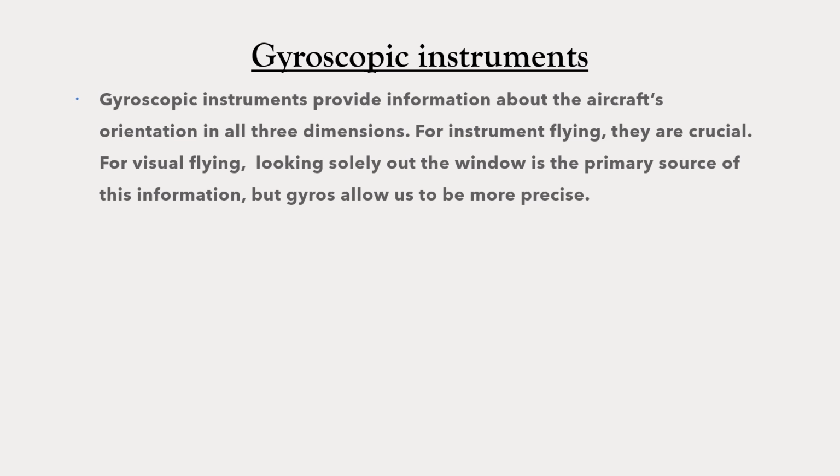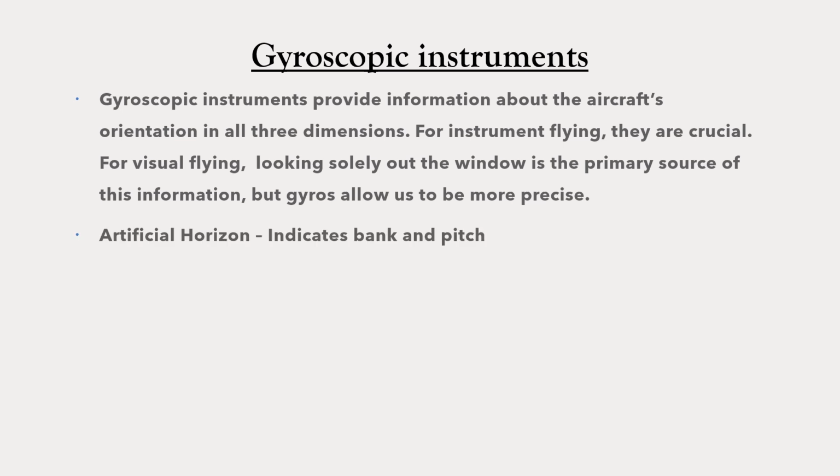For visual flying, we basically always get that information by looking out the window. If you do have gyros, you can get it a little bit more precise than what you can get by looking out the window. Your gyro will help you know whether you're in a 30-degree bank or a 35-degree bank.